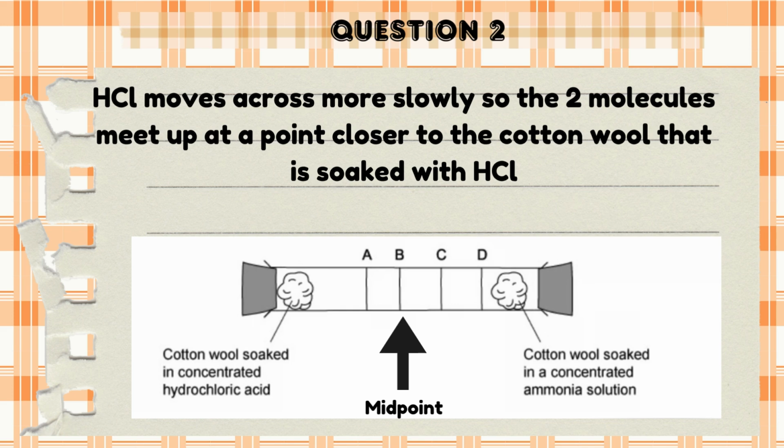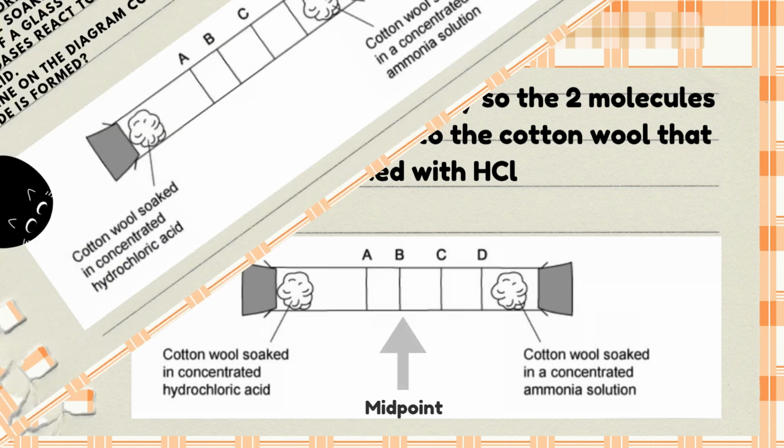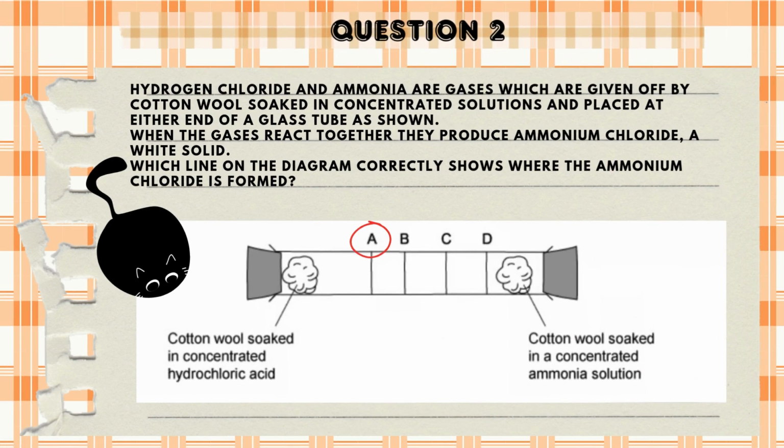HCl moves more slowly and NH3 moves faster, so the two substances will meet at a position nearer to where HCl starts to diffuse. B is the midpoint, so A is the only position nearer to hydrogen chloride start point. When the two gases meet up, they react to form ammonium chloride, which is a solid. So the correct answer is A.